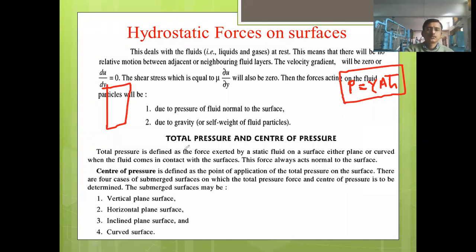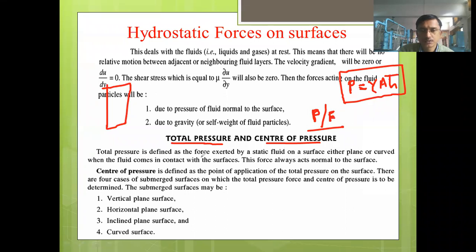Then first we will note down the definition of total pressure and center of pressure. Write the title: total pressure, or total pressure force. In brackets write capital P. Some authors use the notation capital P, some use capital F to denote the total pressure force. So you can use either capital P or capital F as the notation.